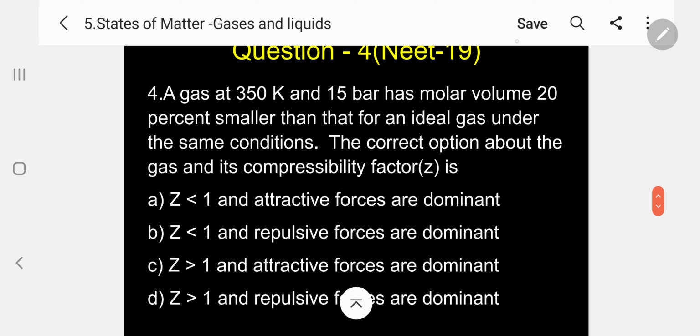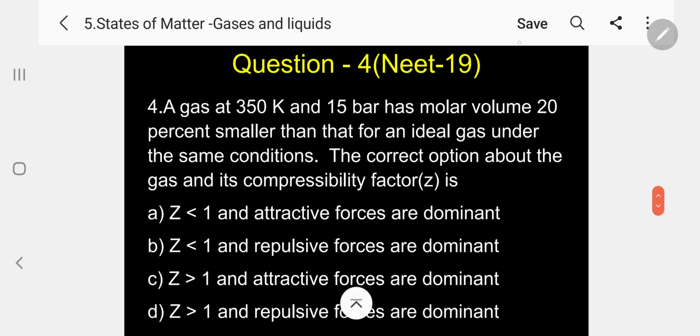Question number 4, asked in NEET 19. Please follow. A gas at 350 Kelvin and 15 bar has molar volume 20% smaller than that of an ideal gas under the same condition.